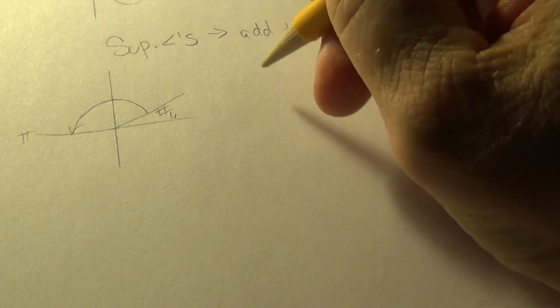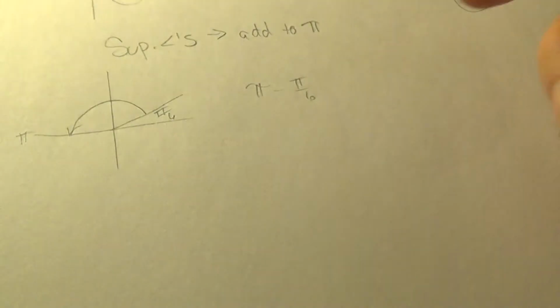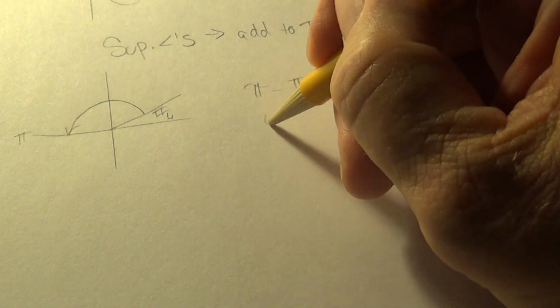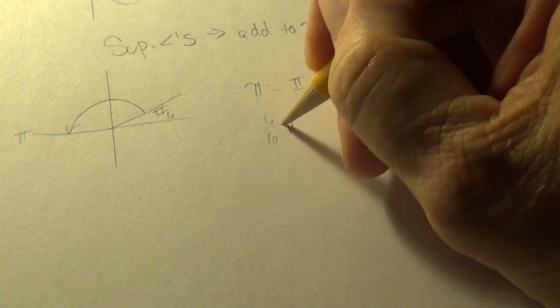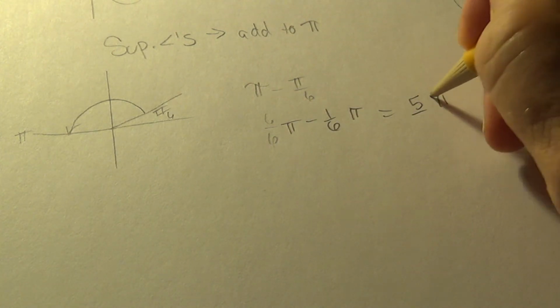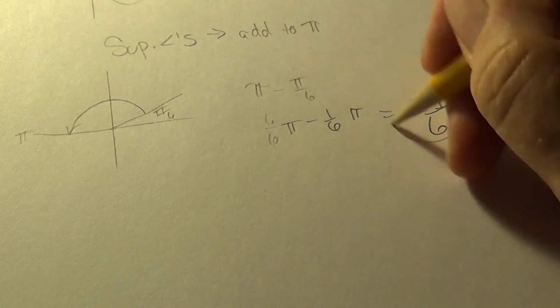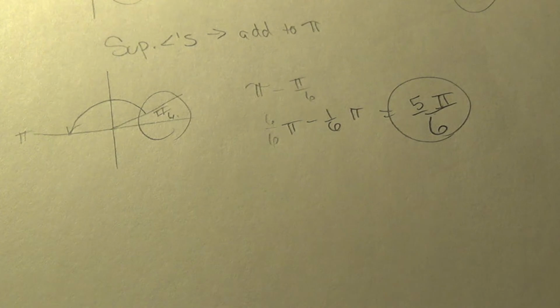So it's going to be pi minus pi over 6 to find out what that number is. 6/6 pi minus 1/6 pi is 5 pi over 6. And that is the angle we say is supplementary to pi over 6.